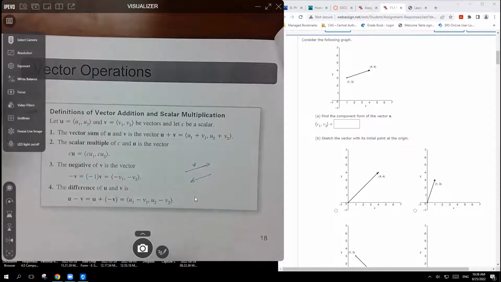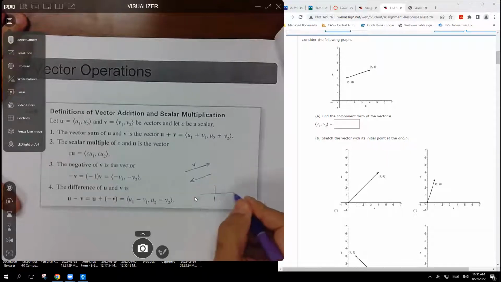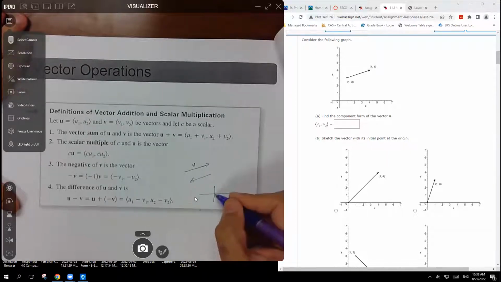So that means the negative of the vector. The difference between U and V, here's the sum: if you have two vectors, let's say this is U and this is V.